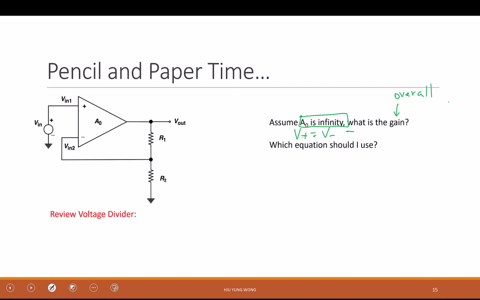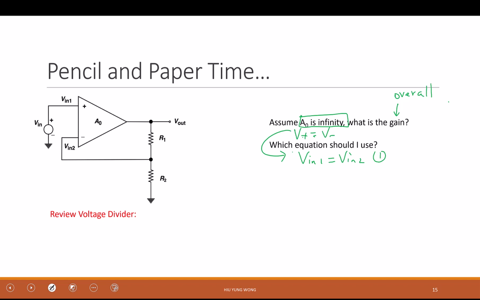So which equation should we use? We will use V plus equals V minus, which gives us V in 1 equal to V in 2. This is one equation. Now, which is good.